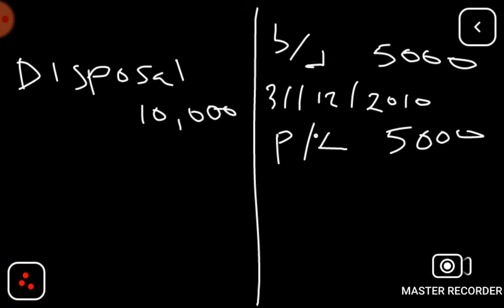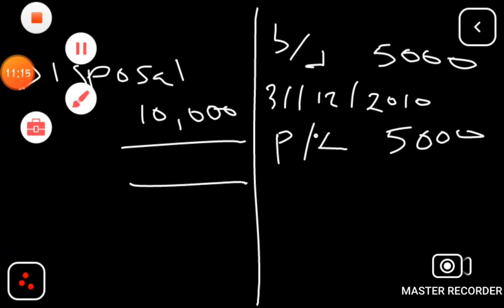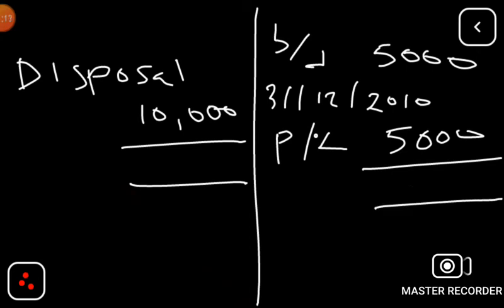But this is just an example, just to give you a clear insight. So you have 10,000 here and you have 10,000 there, which means your account has been closed. This shows that this asset was sold off and we no longer have any assets in our business.